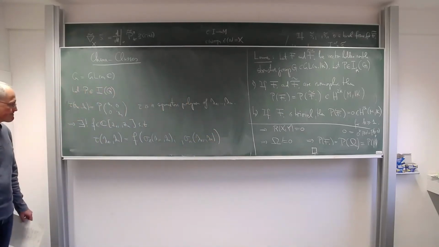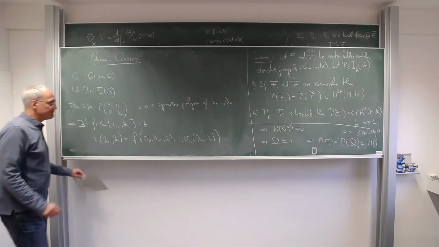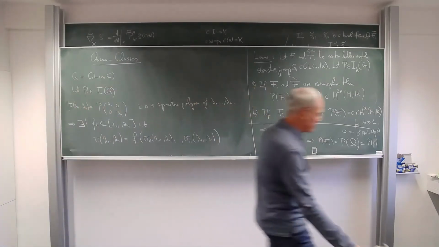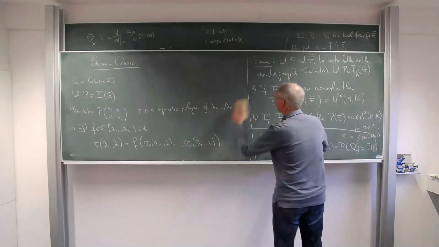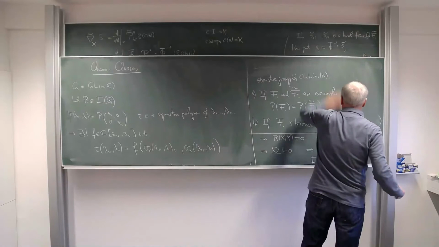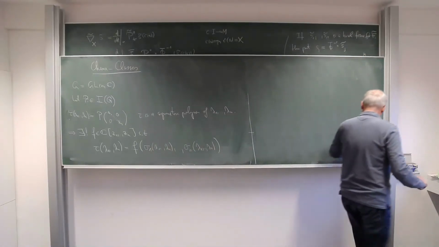And well, now this is how I can write my tau because of this classical result on symmetric polynomials.